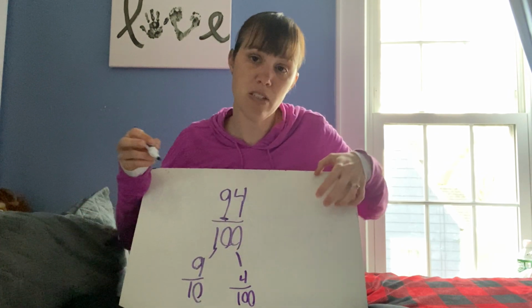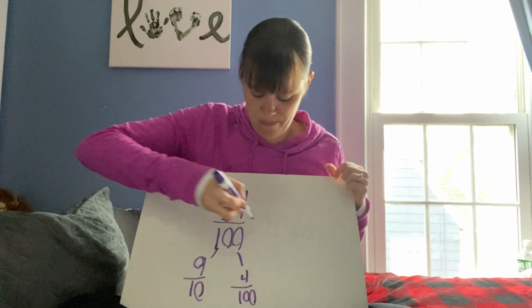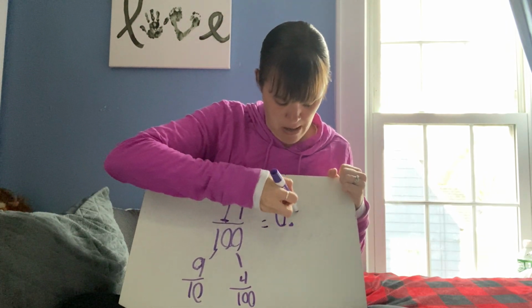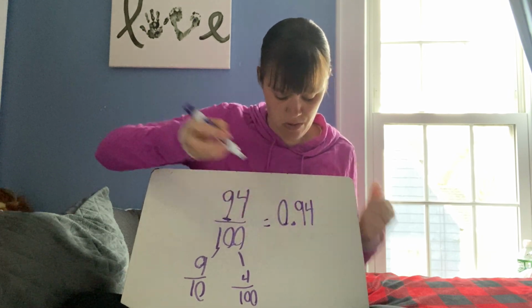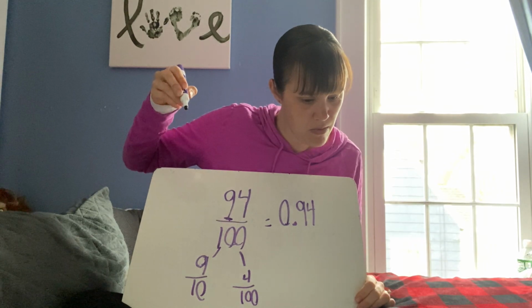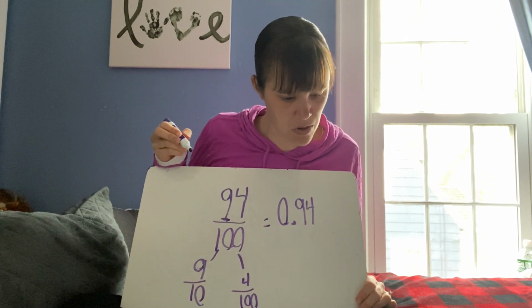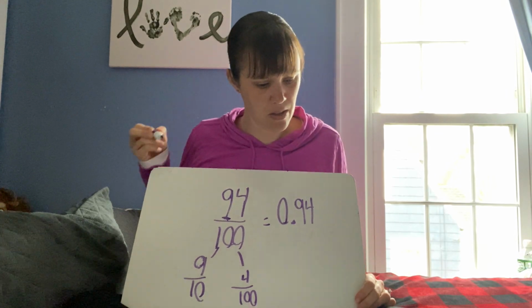So in that last box, we'd break it into 10 parts and we'd shade in 4 of them. What's our decimal? 94 hundredths. Oh, it didn't say anything about meters, so we didn't really actually have to do that necessarily.